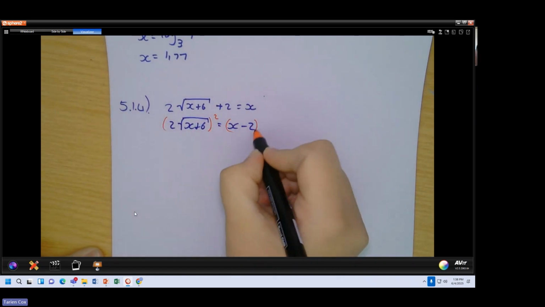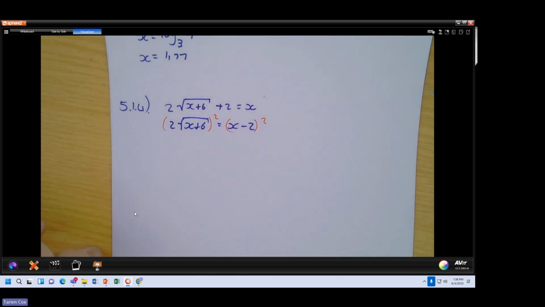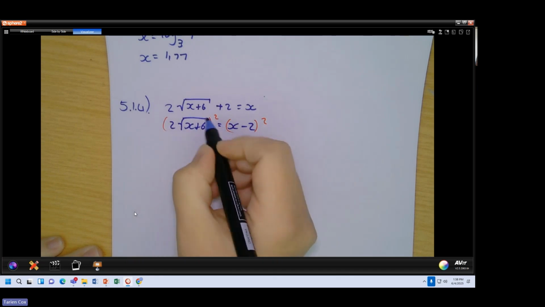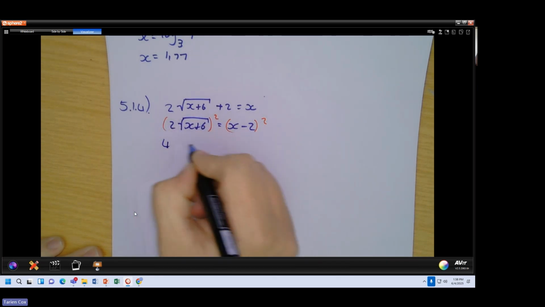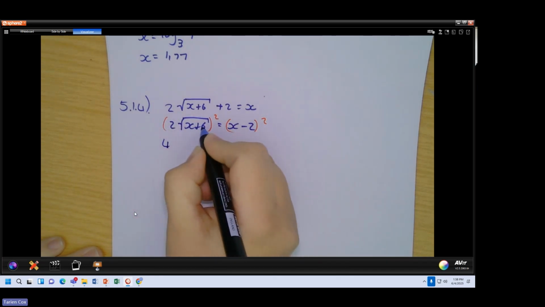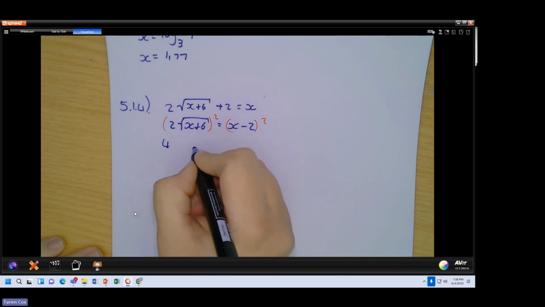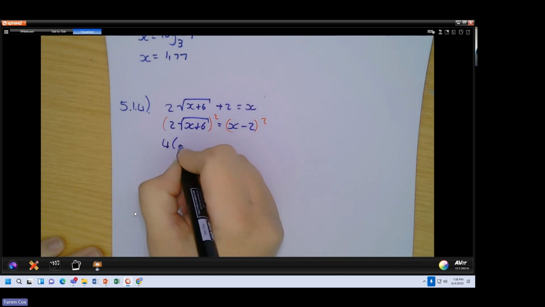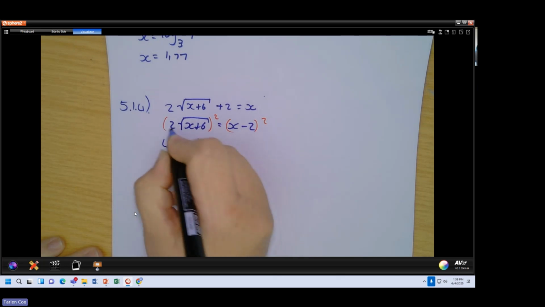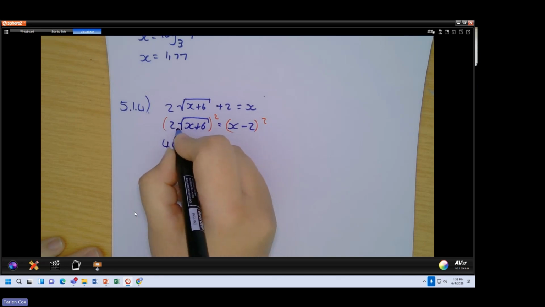What I do on the one side, I do on this side. That means that I now have 2 to the power of 2, which gives me 4. But then what must I do with this now? Because the square root and the square cancel each other out, but then I've got x plus 6. Do I just write x plus 6? No, it is bracket x plus 6, because the answers need to multiply with one another.